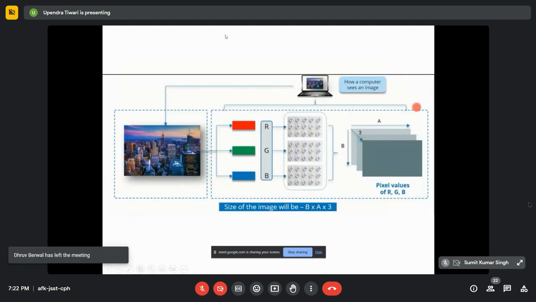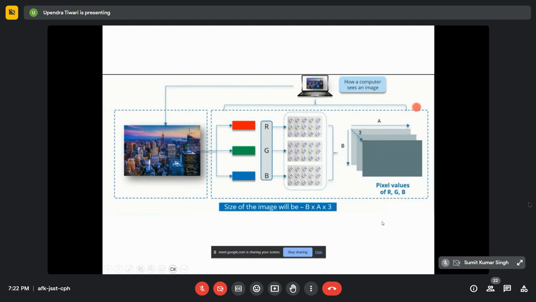So suppose this is my image, and this is a colored image. If you have to represent it, it will be represented in 3 dimensions, where the first 2 dimensions talk about the height and width of the image, and the third dimension talks about the color.